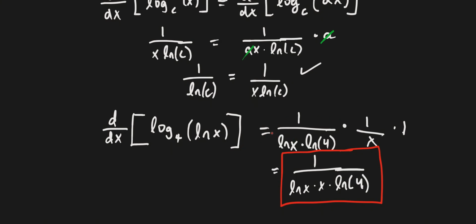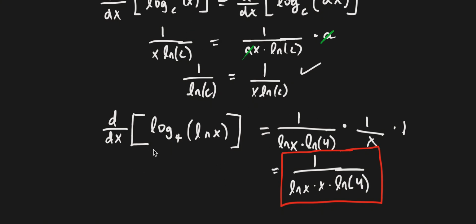With the chain rule, we differentiate the outside, leaving the inside alone, and then differentiate the inside. Same thing here: differentiate the outside, leaving the inside alone, and then we multiply by the derivative of the inside.